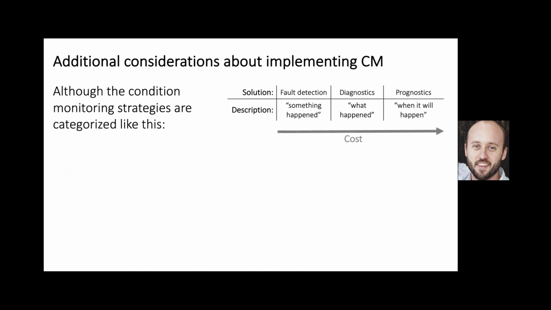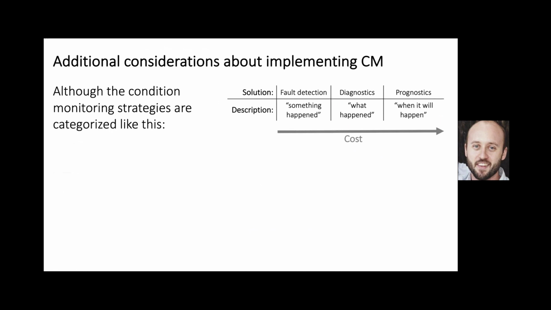So back to our discussion on the range of condition monitoring solutions. Oftentimes we categorize it like this for simplicity, where we say, okay, for increasing cost, if I spend a little bit of money, I know that something happened, and I spend a little bit more, I want to know what happened, and then I spend a lot of money, I can start predicting when something will happen.